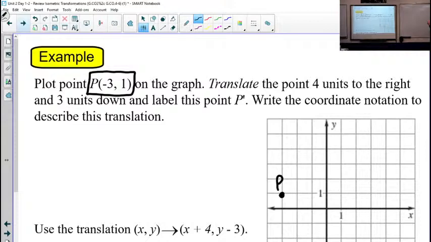And we are going to translate that point 4 units to the right and 3 units down. So 4 to the right, starting at point P, we're going to move 1, 2, 3, 4 to the right, and then we're going to move 1, 2, 3 down.